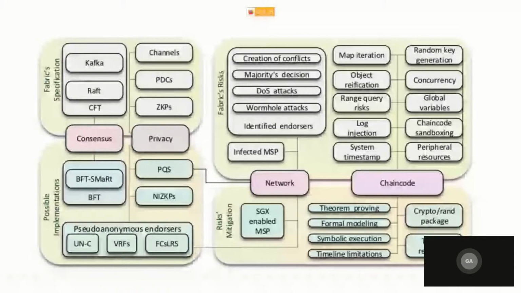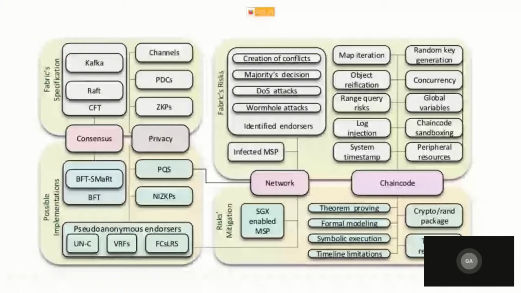There are also pseudo-anonymous endorsing peers, which use verifiable random functions, as a possibility. And then maybe in the future, when zero knowledge proofs become more easily accessible in Hyperledger Fabric, that could help improve the security of the identity, so that unlinkable identity-based verifications can be done.